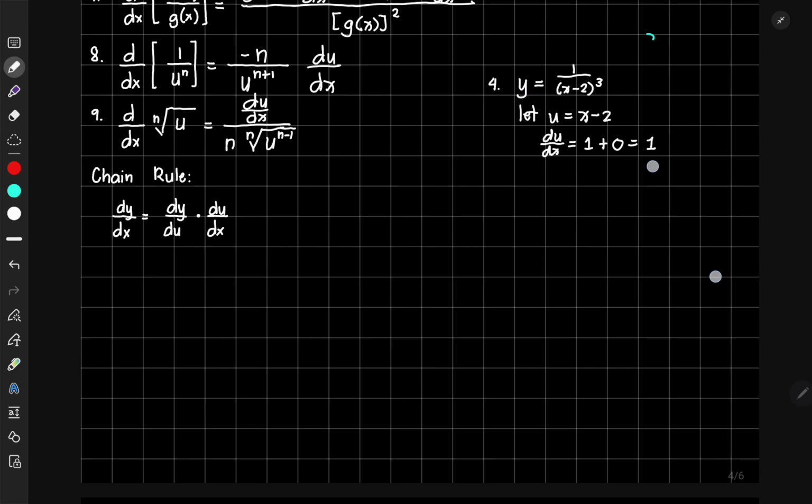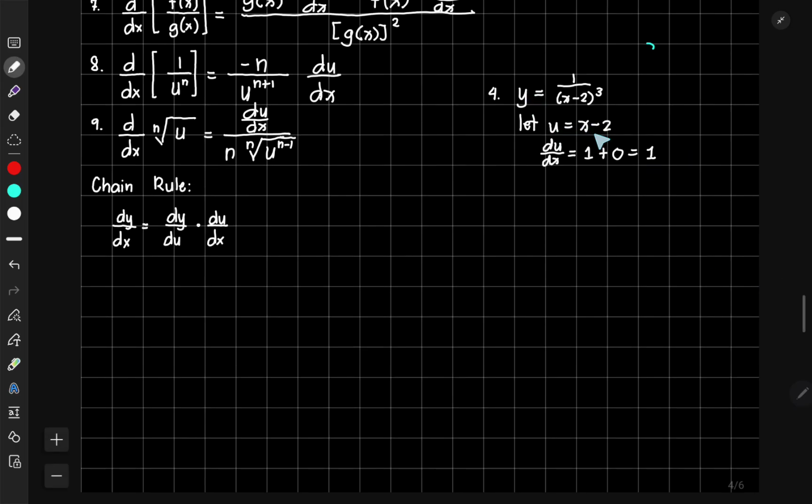So for our y, if we substitute x minus 2 equals u, this will become y is equal to 1 over u raised to 3. So using rule number 8, we have n to be 3, and this would be equal to dy. So the derivative of y with respect to u, that is dy over du.